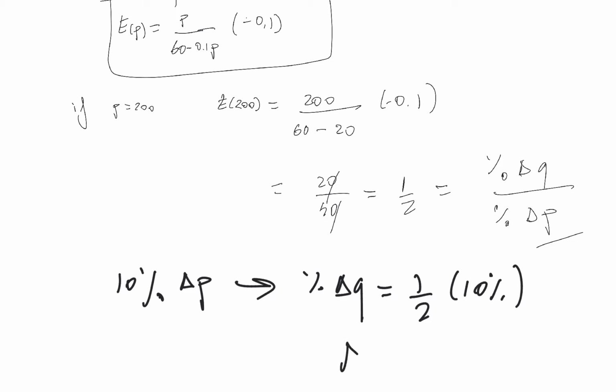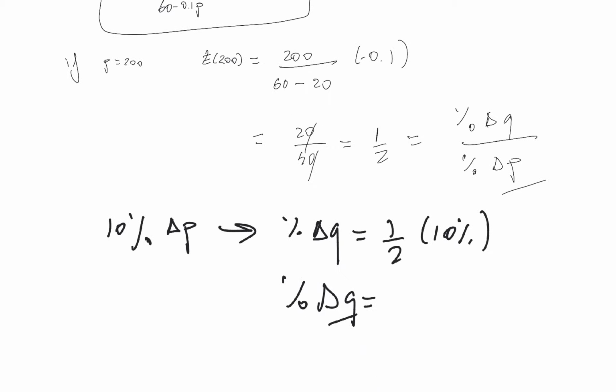So the percentage change in the quantity that is sold, that you will not sell, is 5%. So you increase the price by 10%, but the quantity that you are going to sell decreases by only 5%.